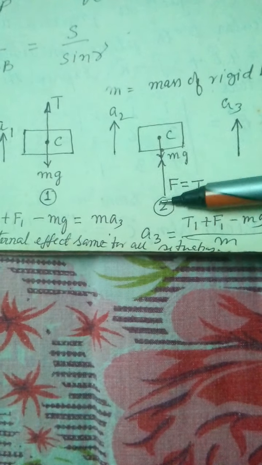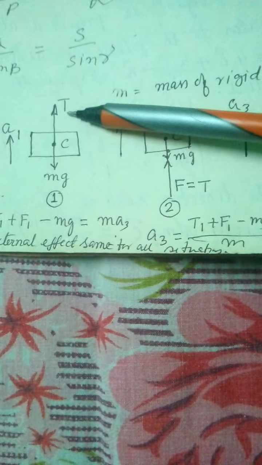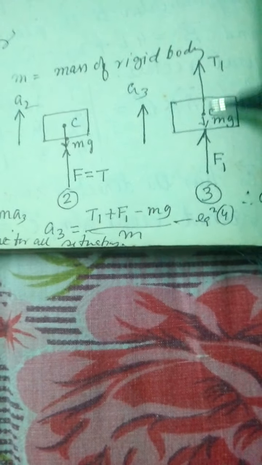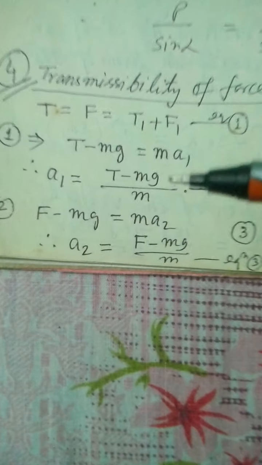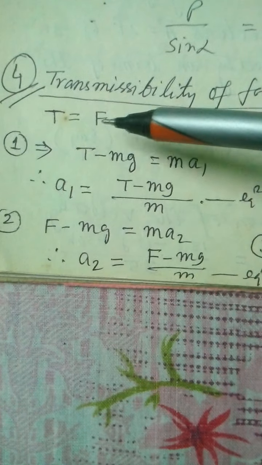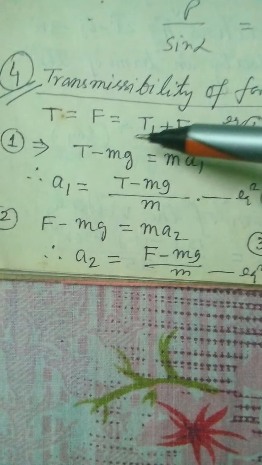Now let us find that here this force F we assume is equal to T. So F1 plus T1 is equal to T. So T is equal to F is equal to F1 plus T1.